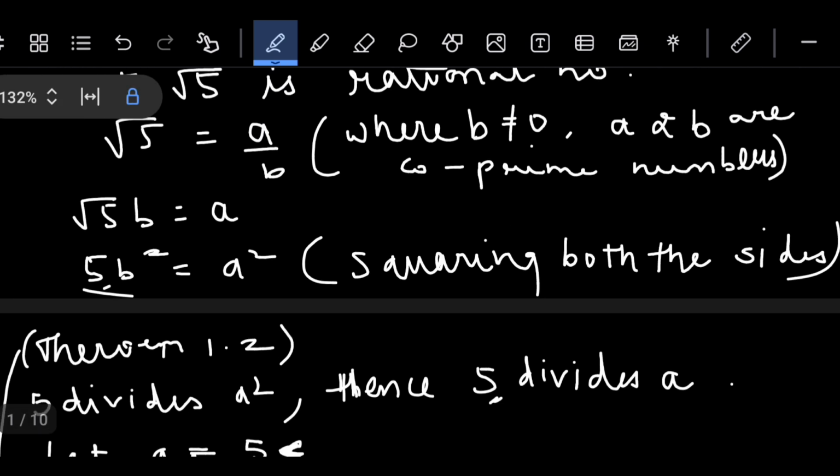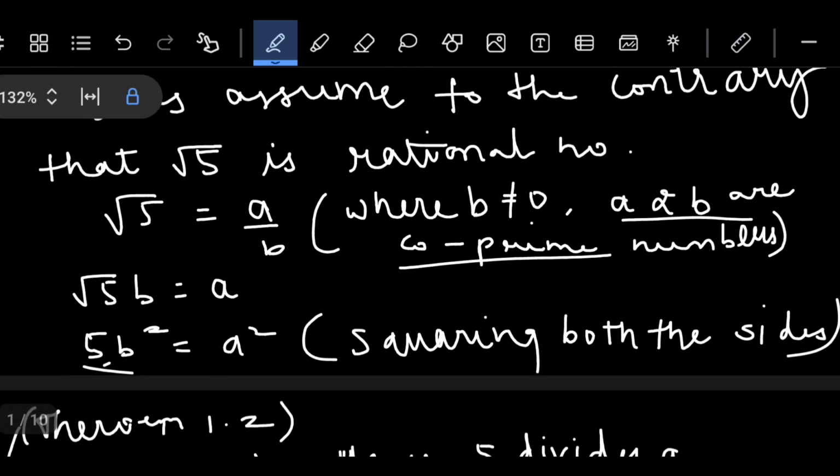Now we wrote above that a and b are co-prime numbers. Co-prime numbers are those which don't have any factor except 1. The common factor between those two numbers is only 1. For example, I can take 13 and 23, or 4 and 9. They don't have any common factor except 1, correct?